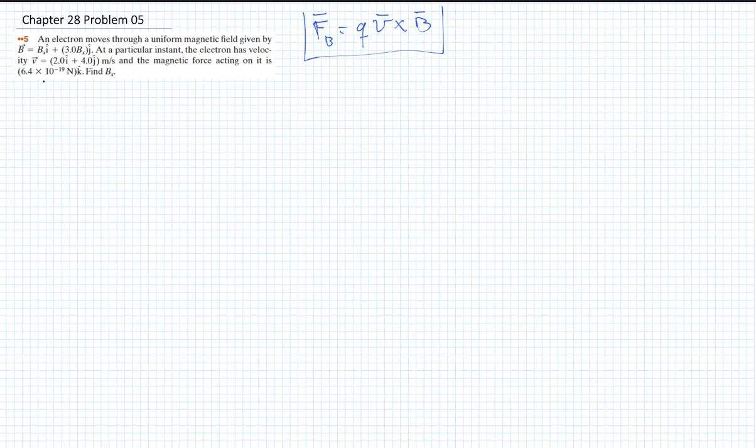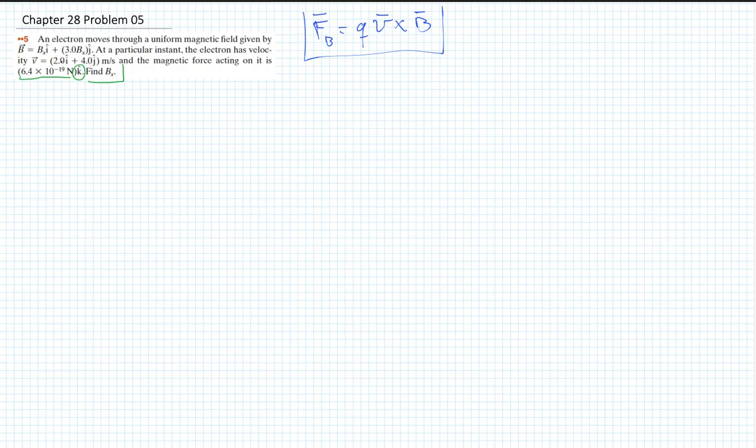Well, we have here a magnetic field vector and a velocity vector. And they give us the force vector here, and it is in the k direction, right? And they are asking us to calculate Bx.